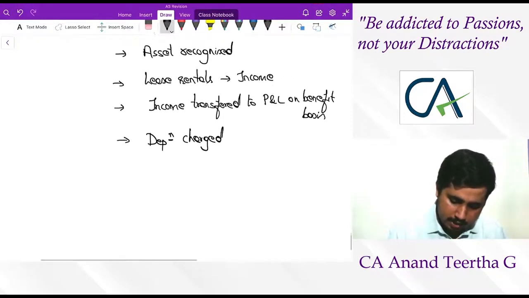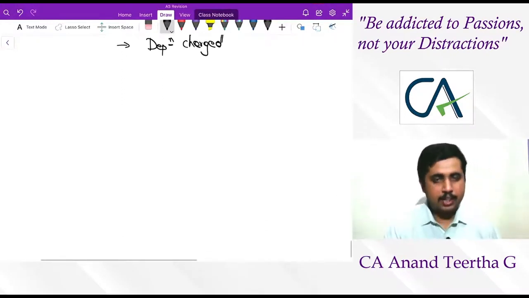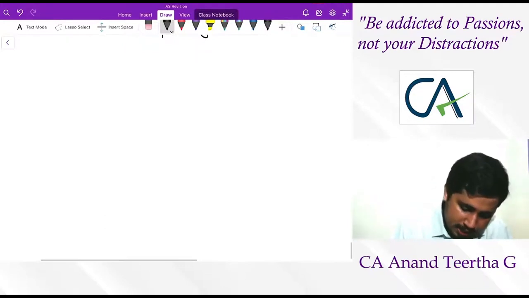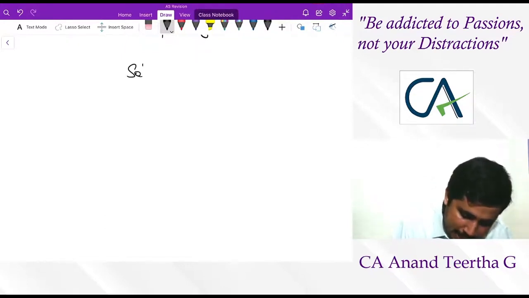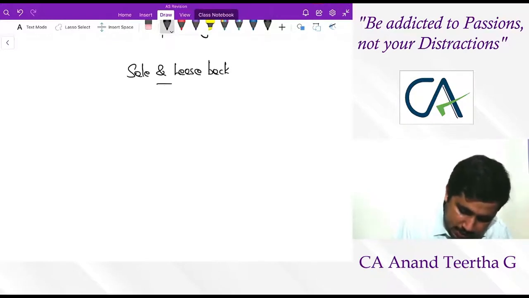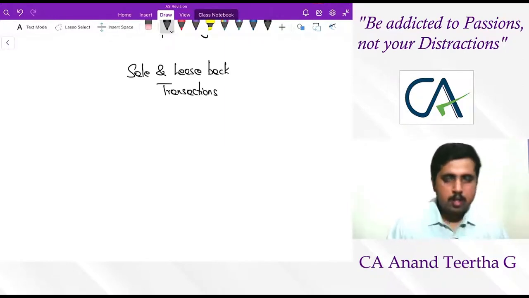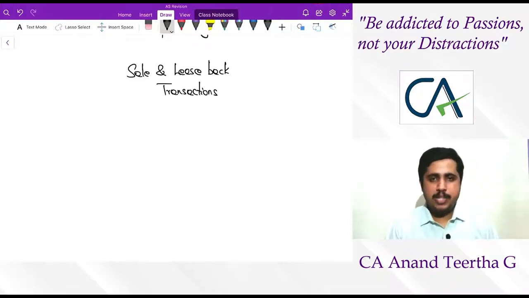Now, starting with the last concept under this particular standard: sale and leaseback transactions. What do you mean by this basically?